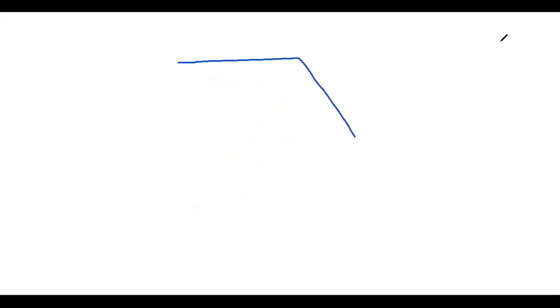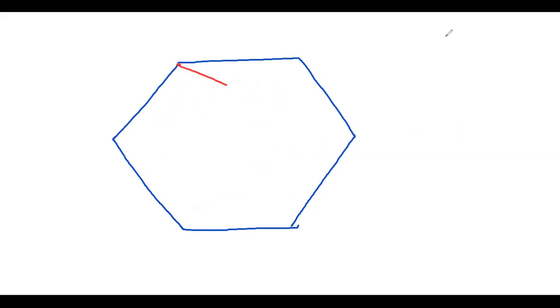I repeat it again. Let's make a figure first. Hexagon. Okay. So what are the diagonals here now? Diagonals are the line segments joining opposite vertices. If I start from this vertex, you can see this one is already joined, right? This one is already joined.